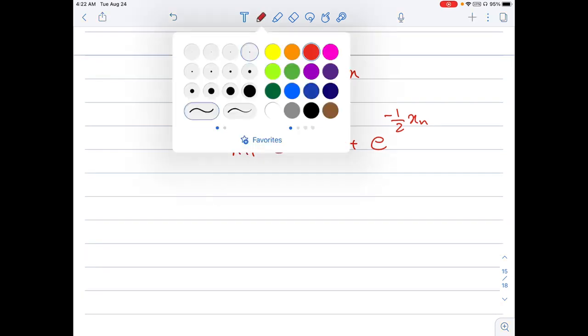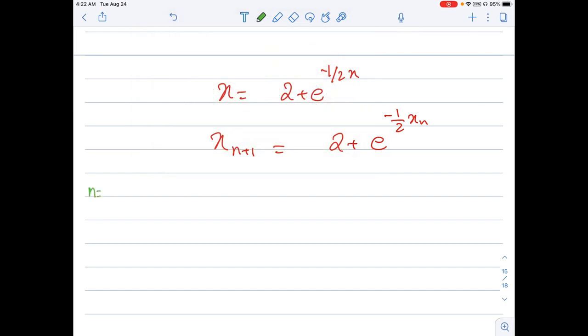So what am I going to do? I am going to take n is equal to 0. So it becomes x1 is equal to 2 plus e to the power of negative 1 upon 2 x0. The initial value we can take as any value between 2 and 2.5, so we can start with 2. So it becomes 2 plus e to the power of negative 1 upon 2 times 2.